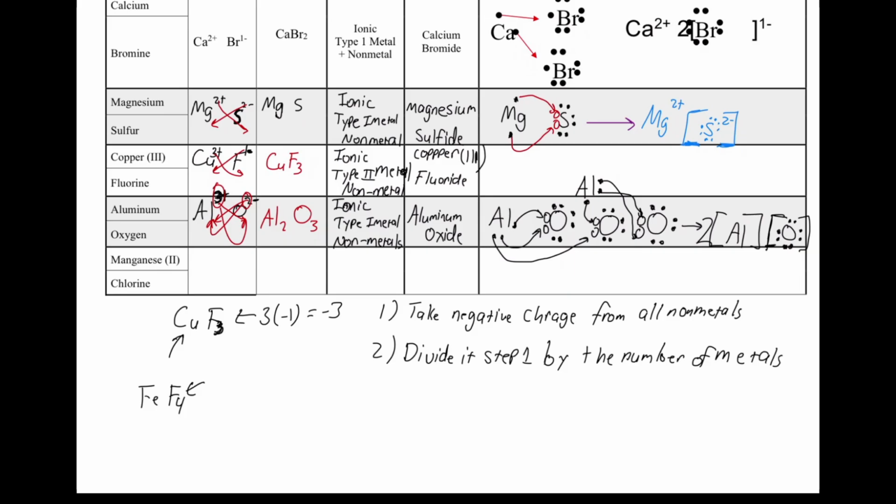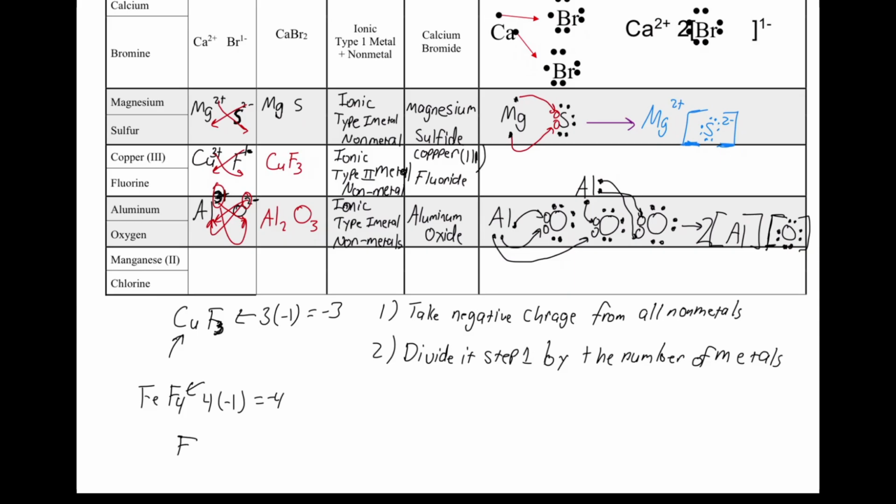The total number of charges from those 4 fluorides will be 4 times -1, or -4. There's only one iron, which means that this -4 charge has to be balanced out by a positive charge from our iron. That iron has to have a +3 charge.